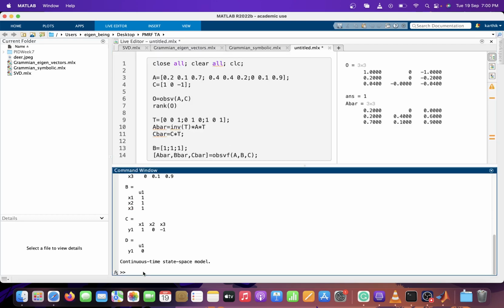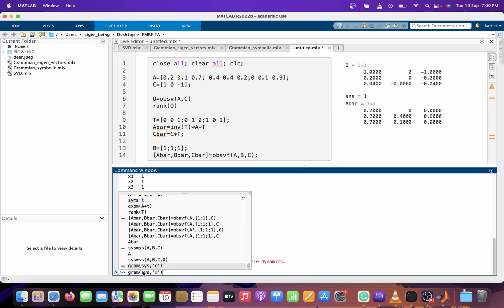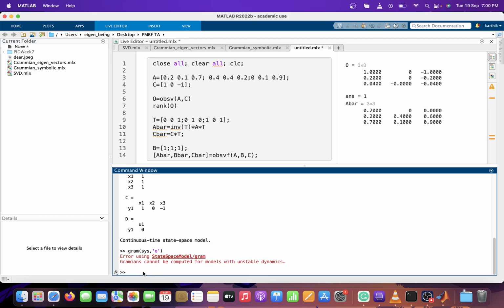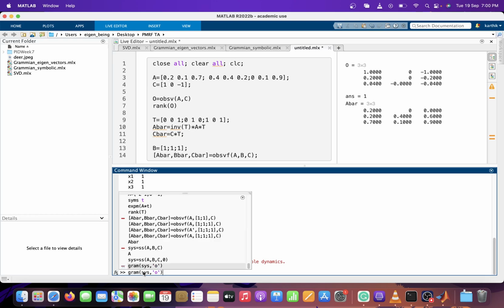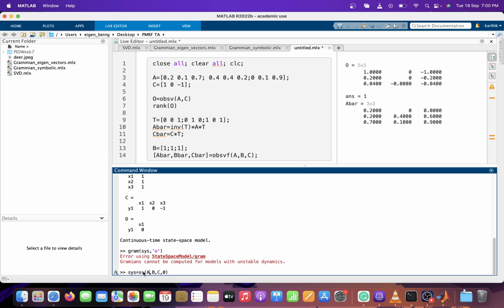Now how do I find the Gramian? I just have to write gram of system, and in brackets you give O for observability, C for controllability. Oh okay, I think I gave A as unstable. So let me try giving A times 0.1. Will that work? Okay, A has unstable dynamics.